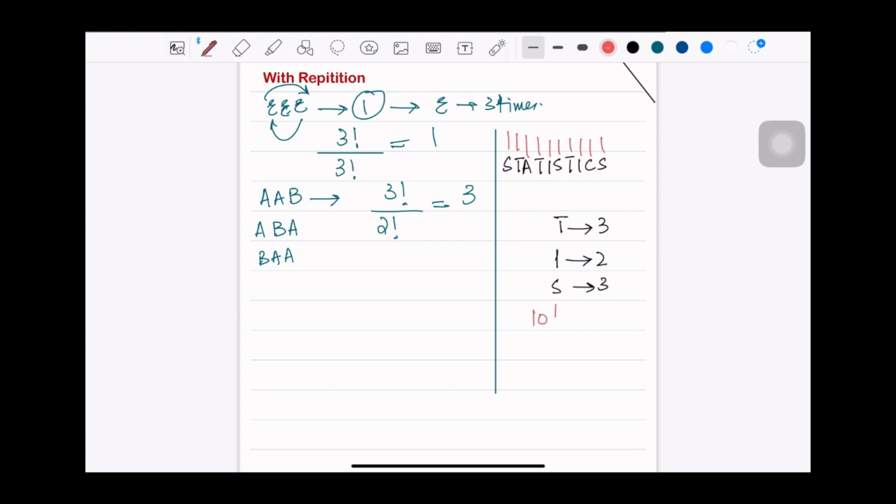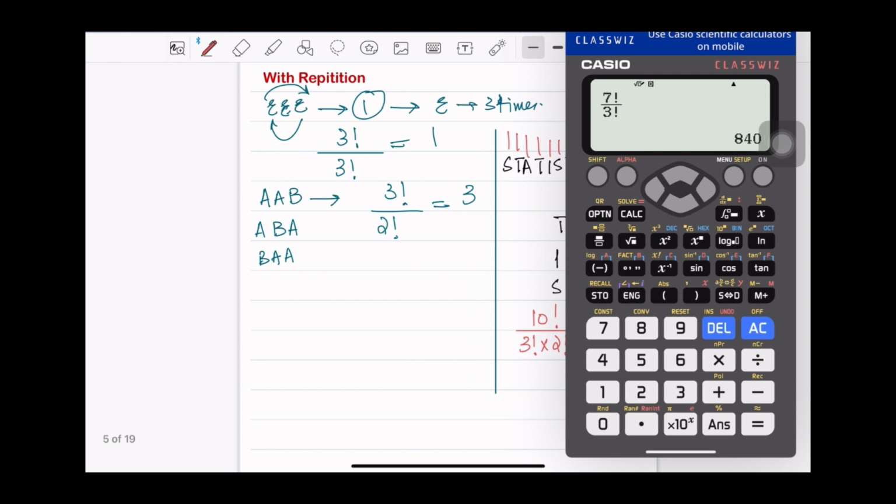So write 10 factorial over 3 factorial for T, 2 factorial for I, and 3 factorial for S. All you have to do is write 10 factorial over 3 factorial times 2 factorial times 3 factorial. And it gives you straight away the answer as 50400.